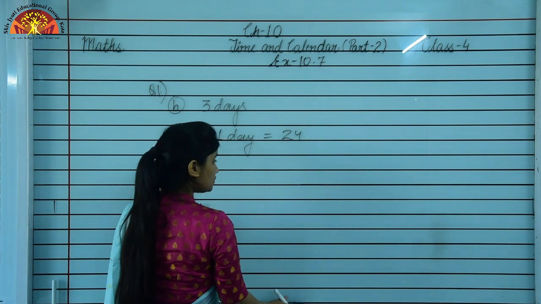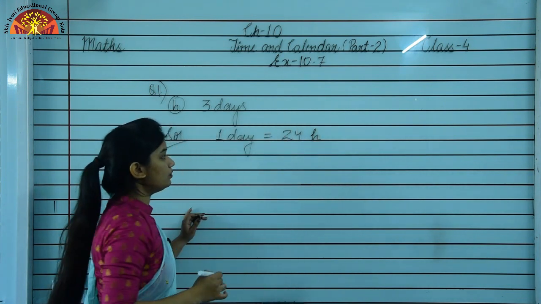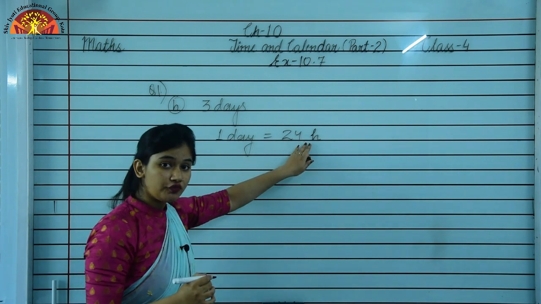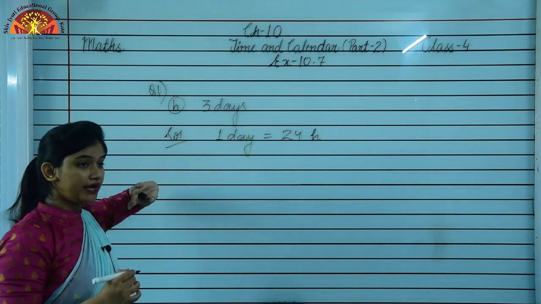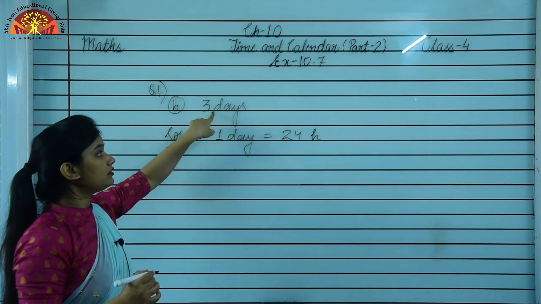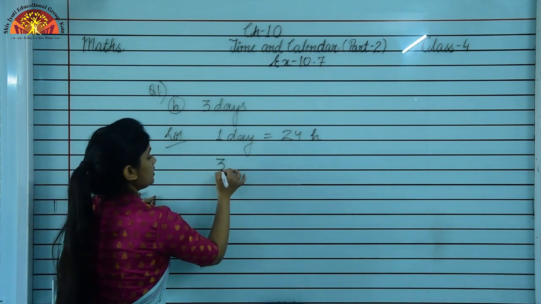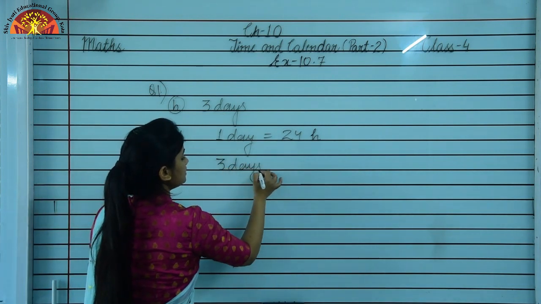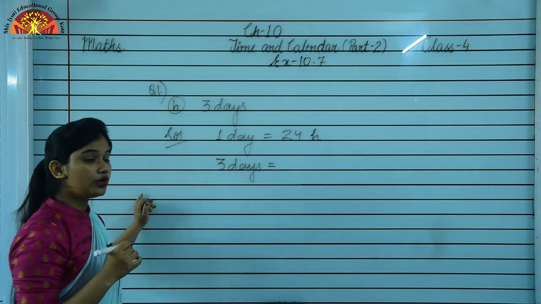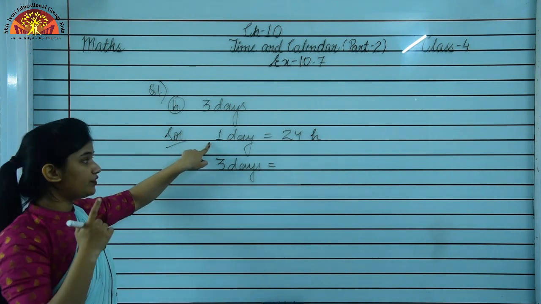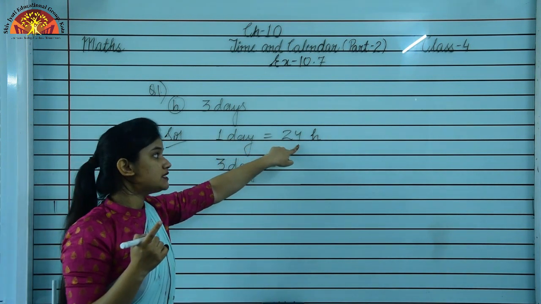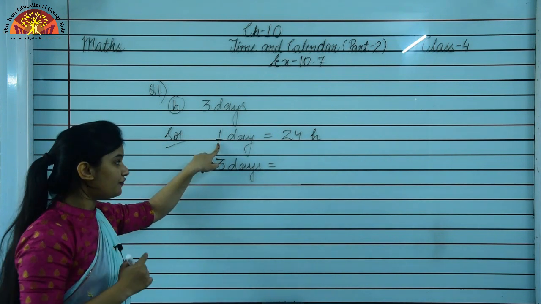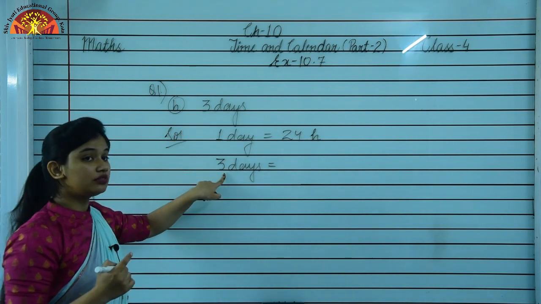You can write like this also and like this also. Okay, one day is equal to 24 hours, but we have to find hours in 3 days. So now 3 days is equal to, what do we have to do now?